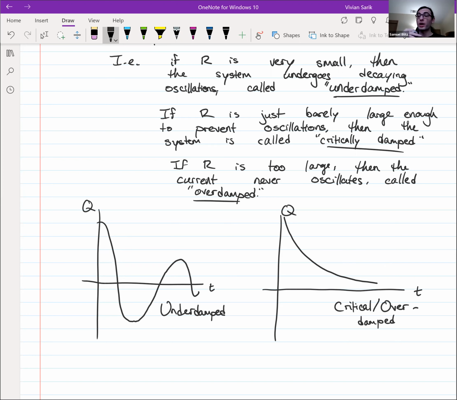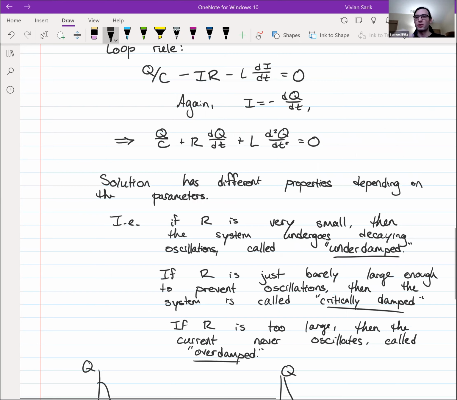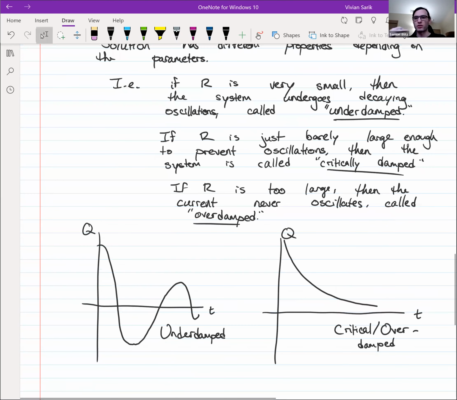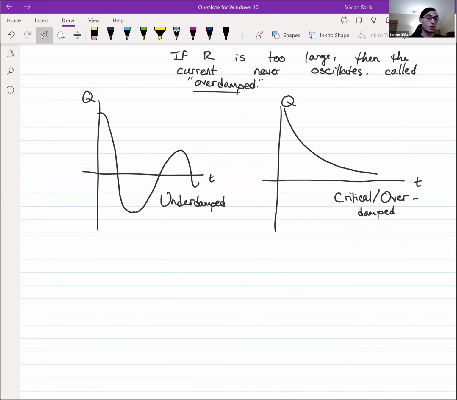And we can actually express when these things happen mathematically. These depend on the properties of the equation, and you can go back and solve the equations and figure out where these come about. But the mathematical way to relate these notions to the constants is as follows.